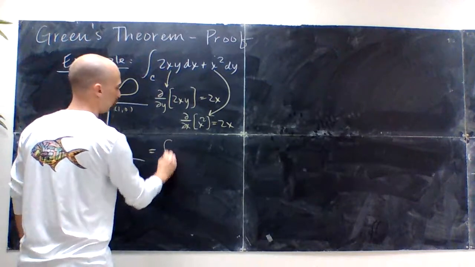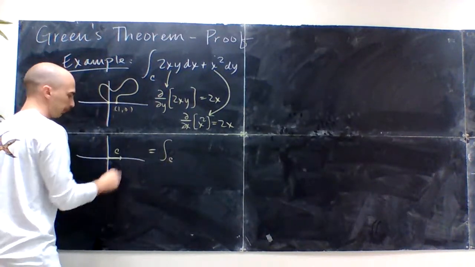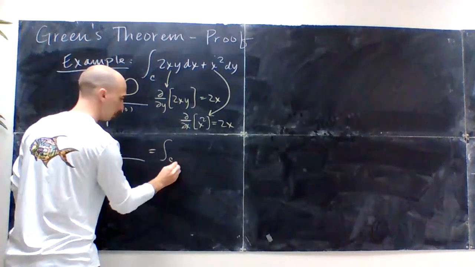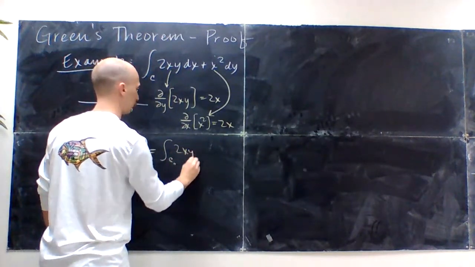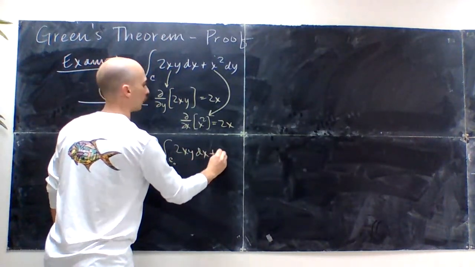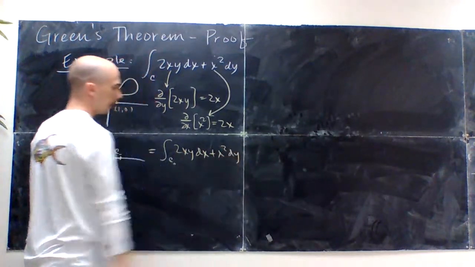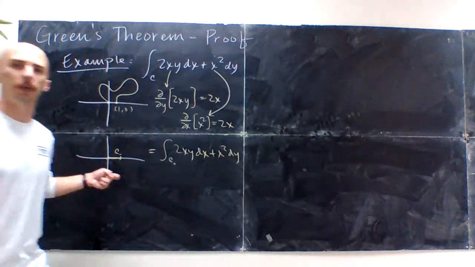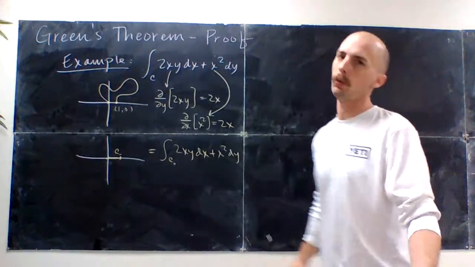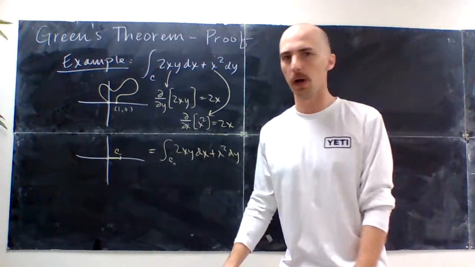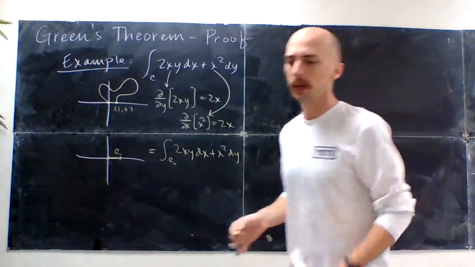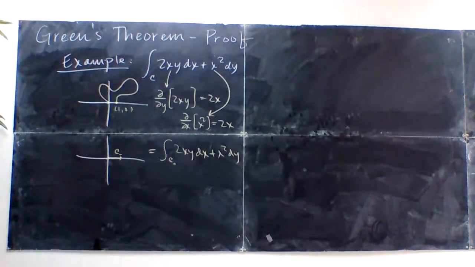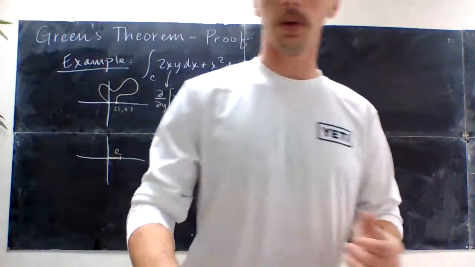That would be equal to the integral over this curve, maybe C0, of the same thing. And this would be really easy to parameterize because x would be equal to t and y would be equal to 0 as t ran from 0 to 1. Okay, so this is an option that I just want to make sure you knew you have. I'm going to end with that, but hold on just a second.